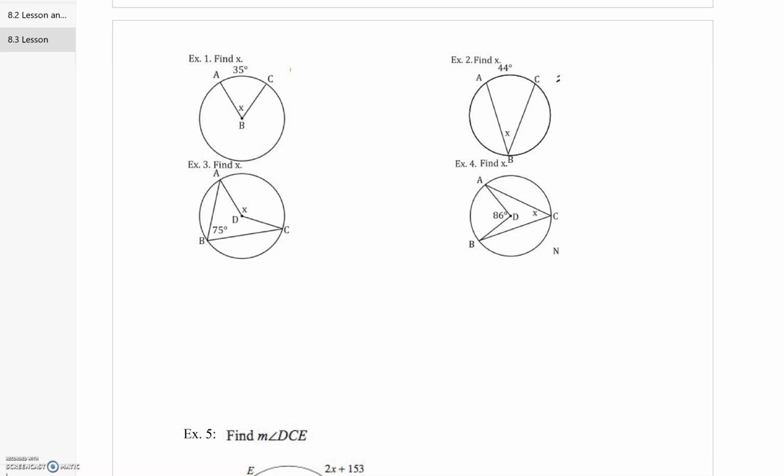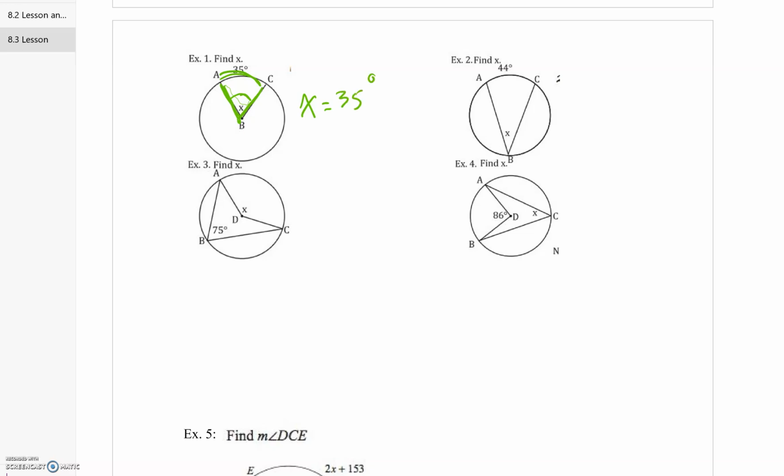So let's look here at example 1. We have this marked as angle X. Is that a central or inscribed angle? That is a central angle because it's at the center. And remember, it is the same as the measure of the arc. The measure of the arc was shown here to be 35 degrees, so X has to be 35 degrees.